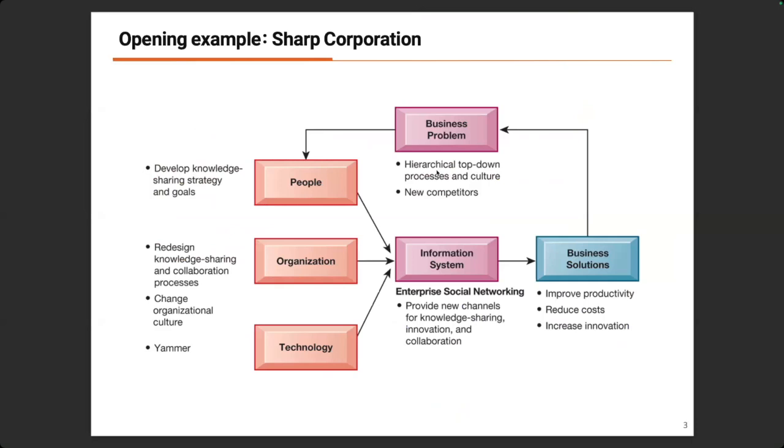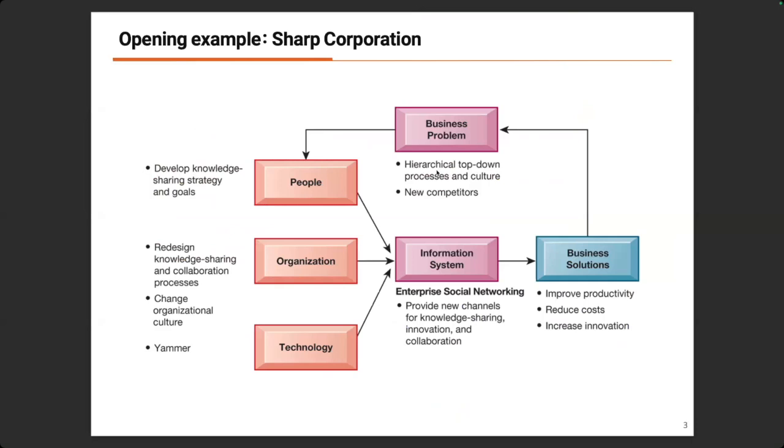So these were the business problems Sharp Corporation faced, and this company decided to adopt new information technologies to move from this hierarchical corporate knowledge and work environment to a more democratized organization.